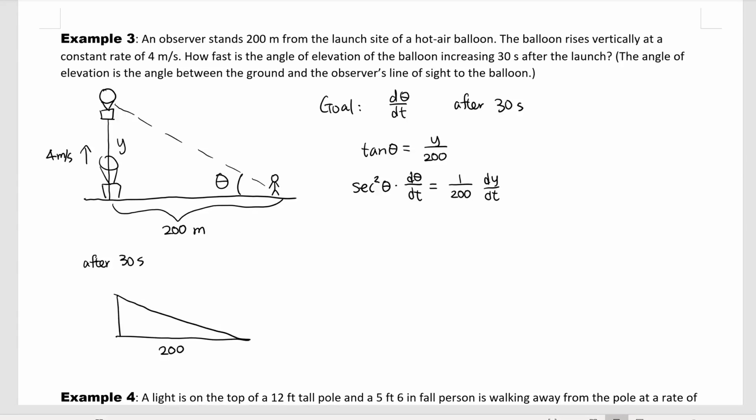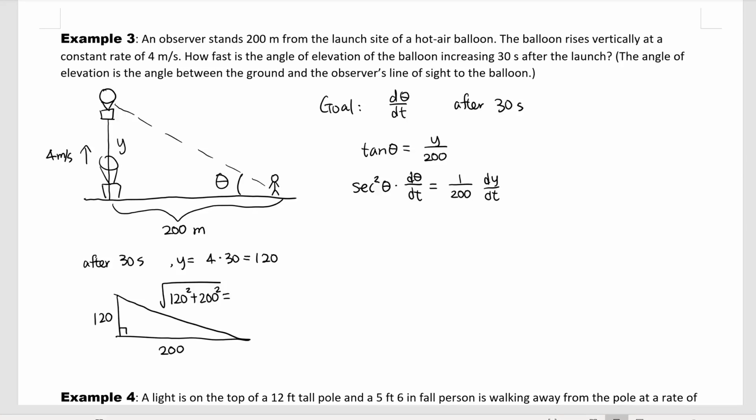But what is y after 30 seconds? y is 4 meters per second times 30 seconds, which is 120. So in this triangle, this side is 120, this is 200, and what is the other side? We have the square root of 120 squared plus 200 squared. What do we get?